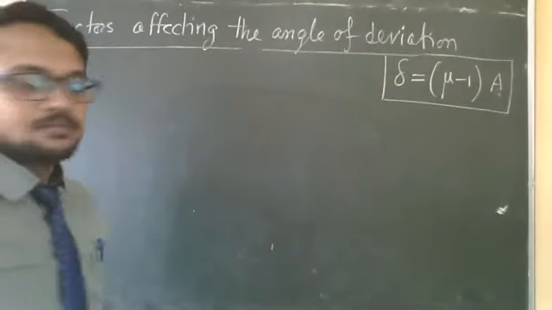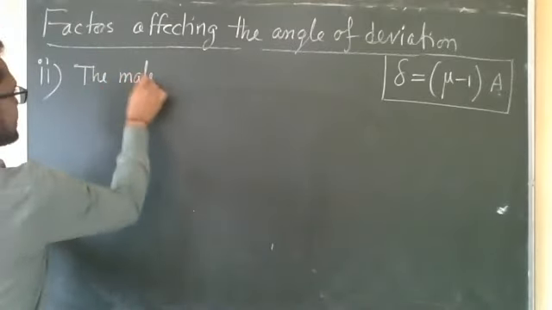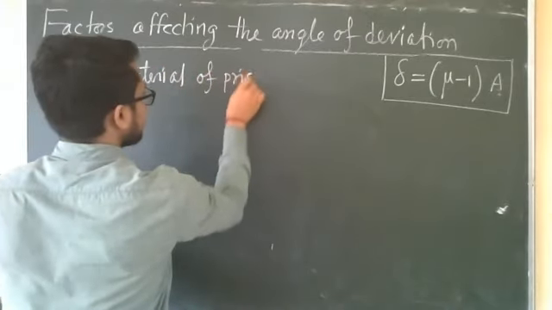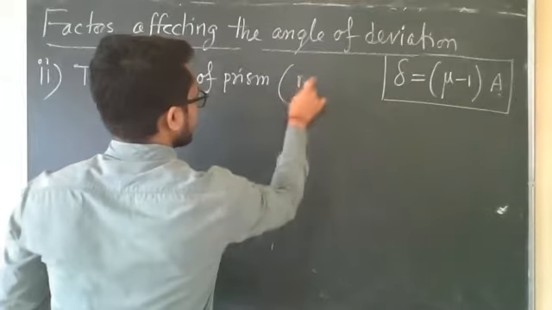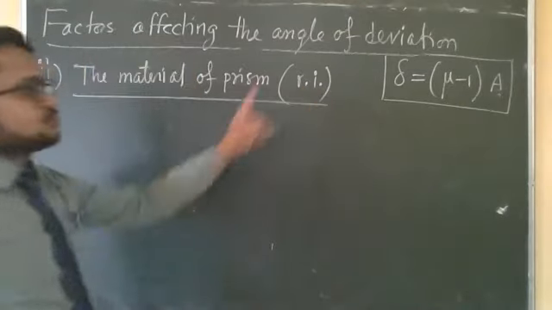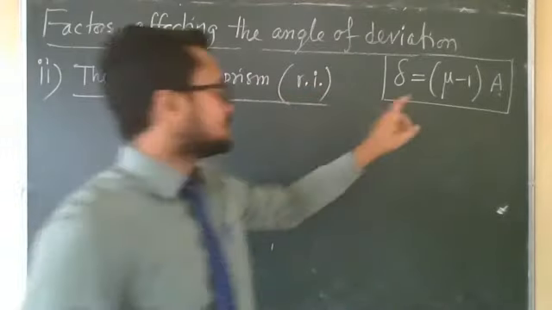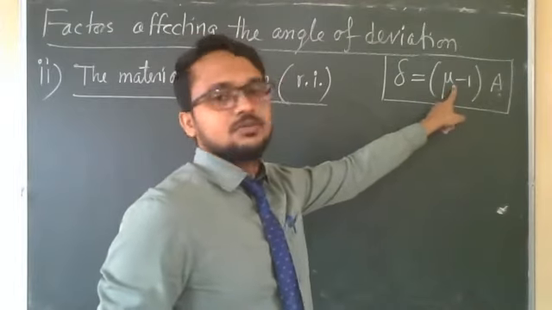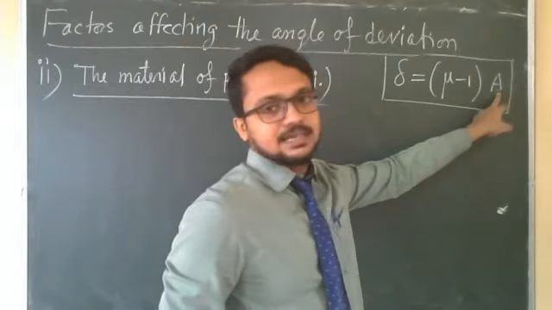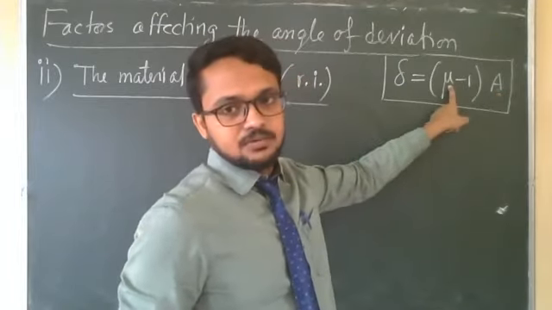The second point tells about the material of the prism, or you can say the refractive index. Go to that formula. No need to remember the reason or the expression. If you keep the other quantity the same, A, the angle of prism, and if you increase mu, then what will happen?